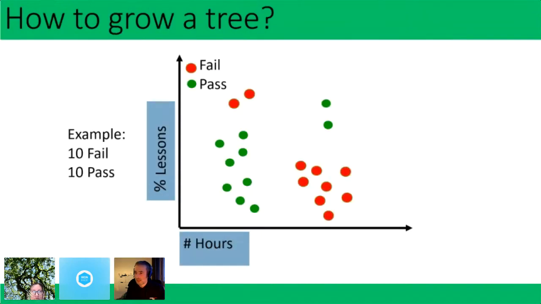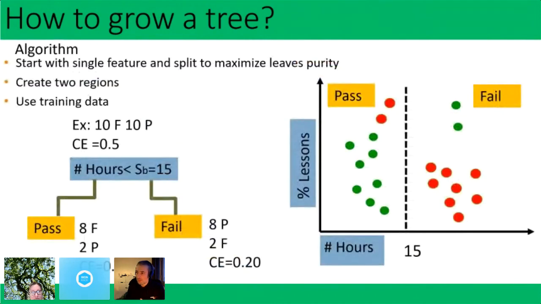Let's start with smaller examples where we have 10 students who fail and 10 students who pass. How do we build the algorithm? What is the set of rules that the algorithm follows to build the tree, starting from this situation? Well, the algorithm starts with a single feature, and then it will split it to maximize the purity of the leaves.